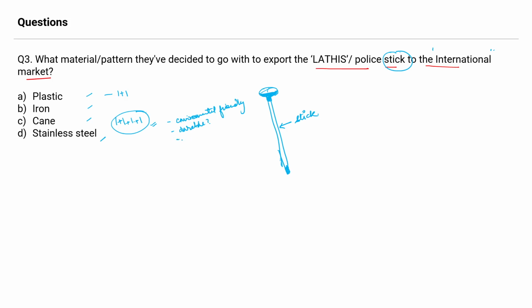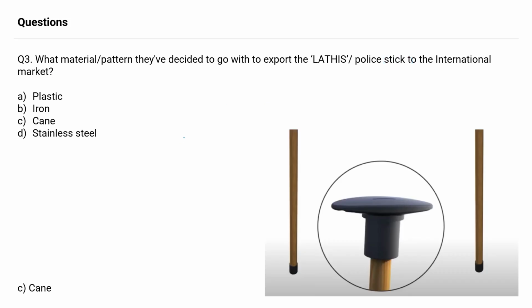Okay, so let us check the correct answer. The correct answer is cane. If you recall this particular aspect, for the international market the exporter said, let us tag it as a sustainable option, and let us say that we will use cane.